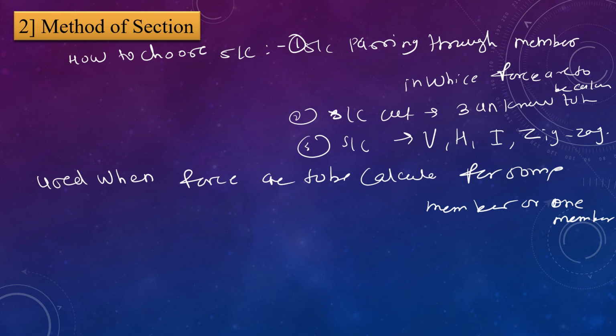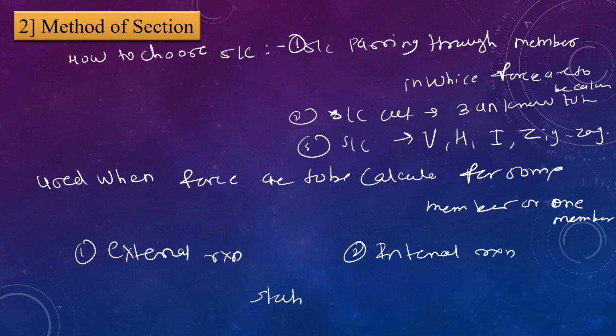But in case of method of joint, you can use that method when forces are to be calculated in each and every member. So here, to calculate the external reaction and to calculate the internal reaction, for both calculations we use a static equilibrium equation.